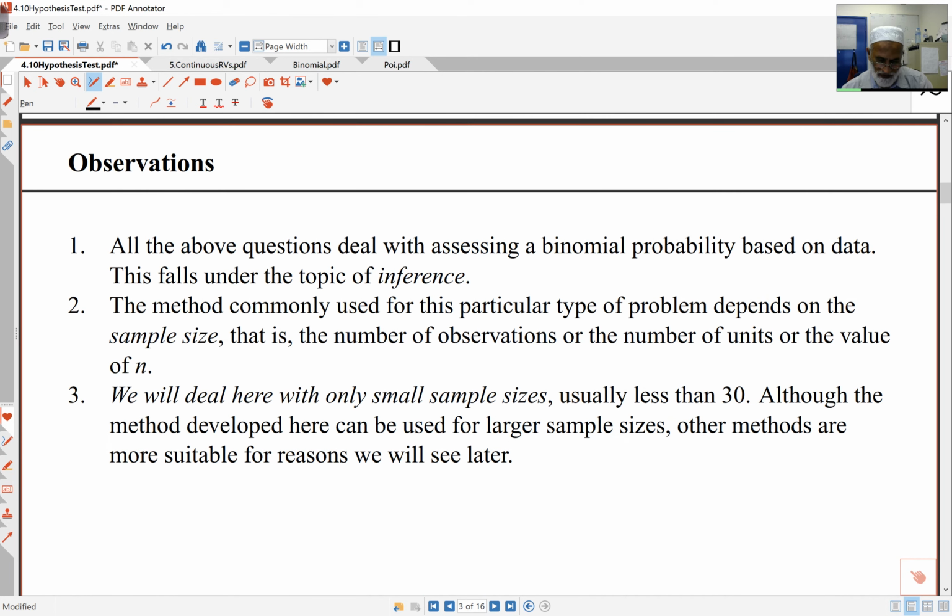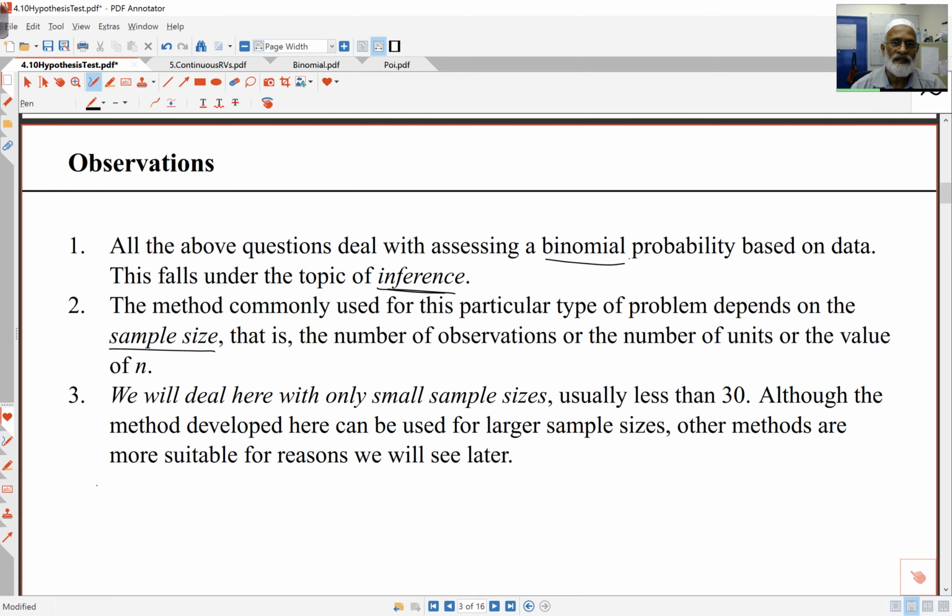Well, all of these 3 or 4 examples look similar. We all have, in this case, a binomial distribution, and we're looking at the probability of success, and we're trying to determine a value for it, or compare this with some other values. The method we can use to answer this question is different for different sample sizes.